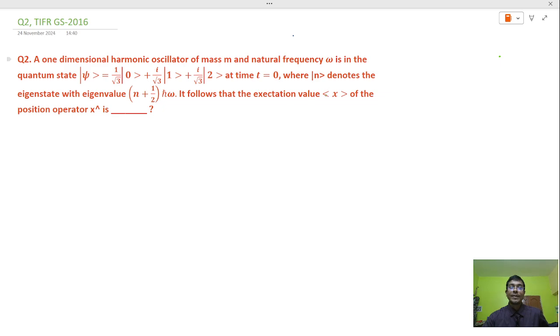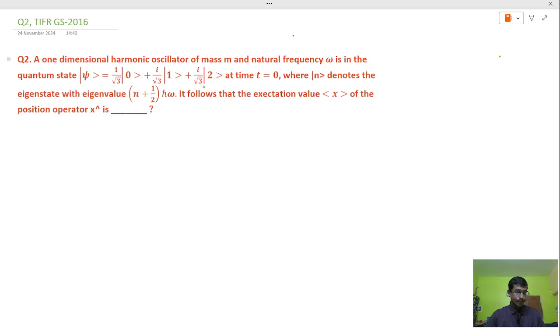It follows the expectation value of the position operator x. So we have to find basically the expectation value of the position operator, and we just solve here.